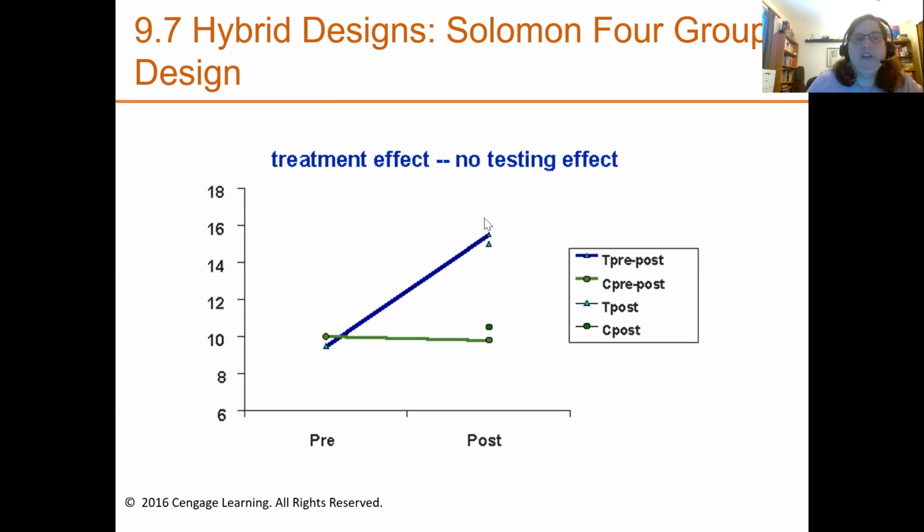So you can see here is at post, these two groups that got the treatment. Here is at post, these two groups that didn't get the treatment. Treatment effect, but no testing effect.